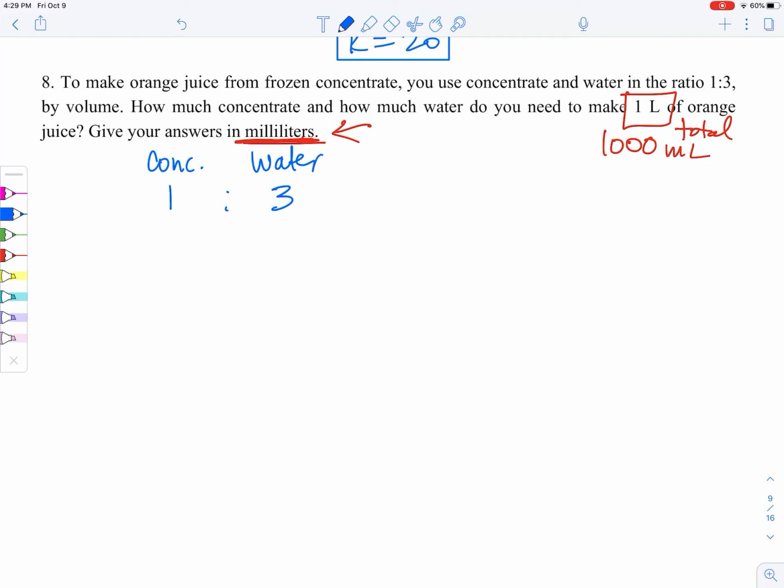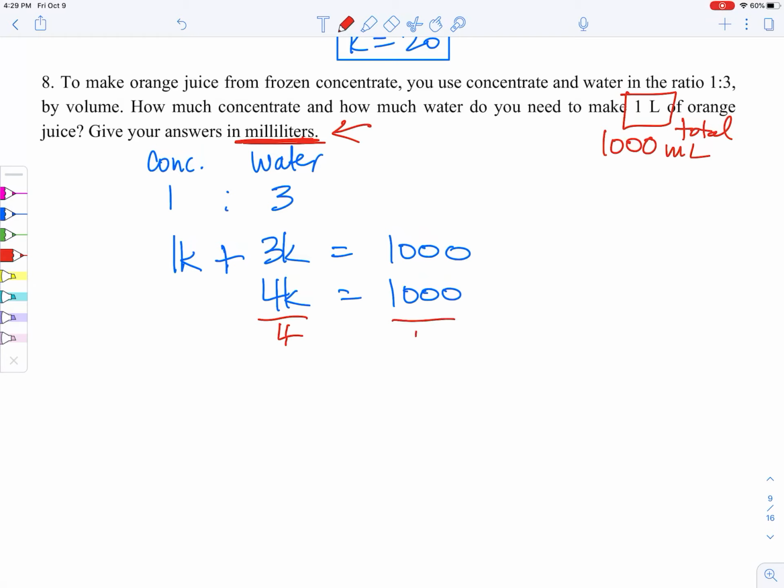So the ratio is 1 to 3. In terms of scaling factor, I could write it as 1K to 3K, which means that 1K plus 3K equals my total of 1,000. So 4K equals 1,000. Get K by itself. Divide both sides by 4. And we get that K equals 250.